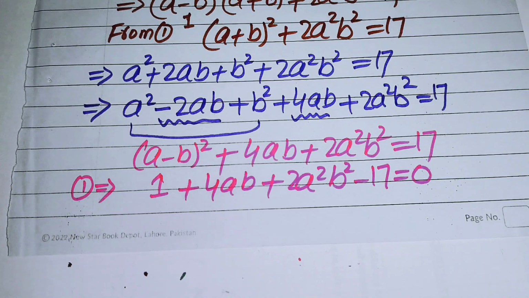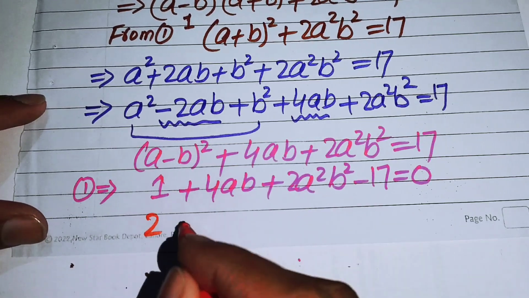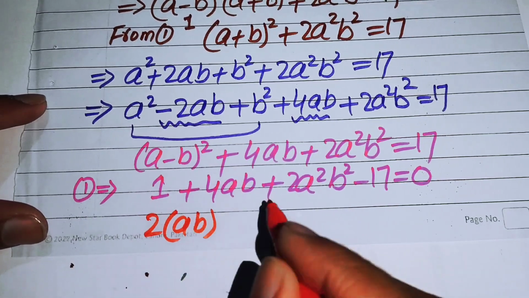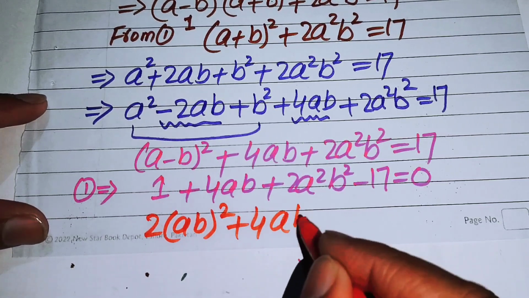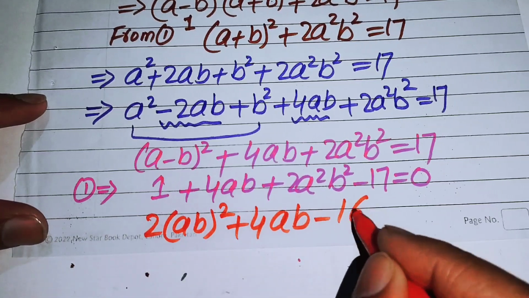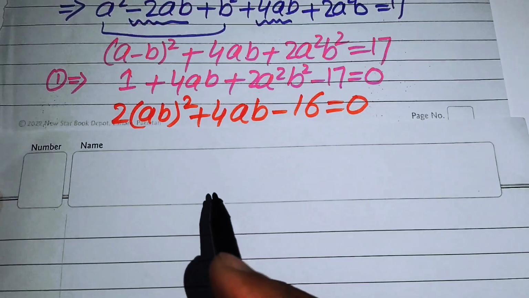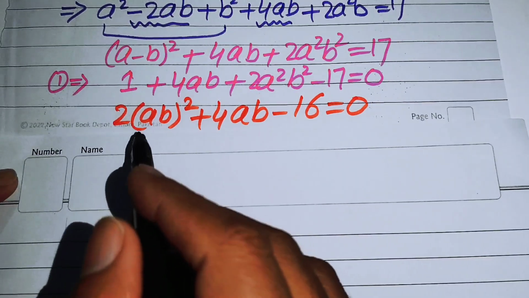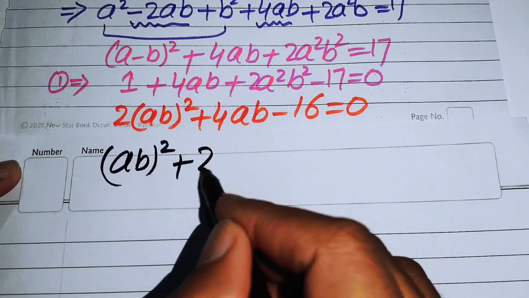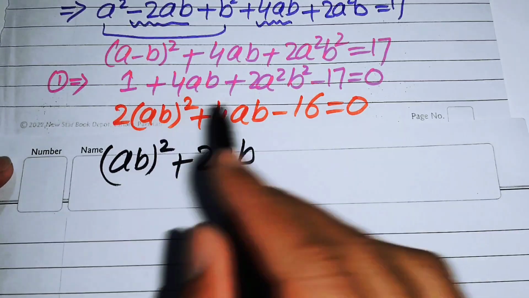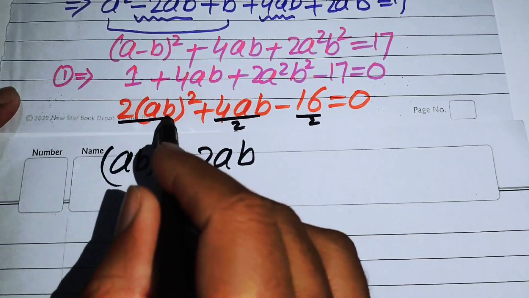And in the next step we will make a little bit of simplification here, and we first write 2a^2 b^2, and we can write this a^2 b^2 in whole form as (ab)^2, and this is 4ab, and 1 minus 17 equals minus 16, and this whole equals 0. So here we divide each of the terms by 2, and you will get (ab)^2 + 2ab, and when we divide each term by 2, you will obtain the output in this form.